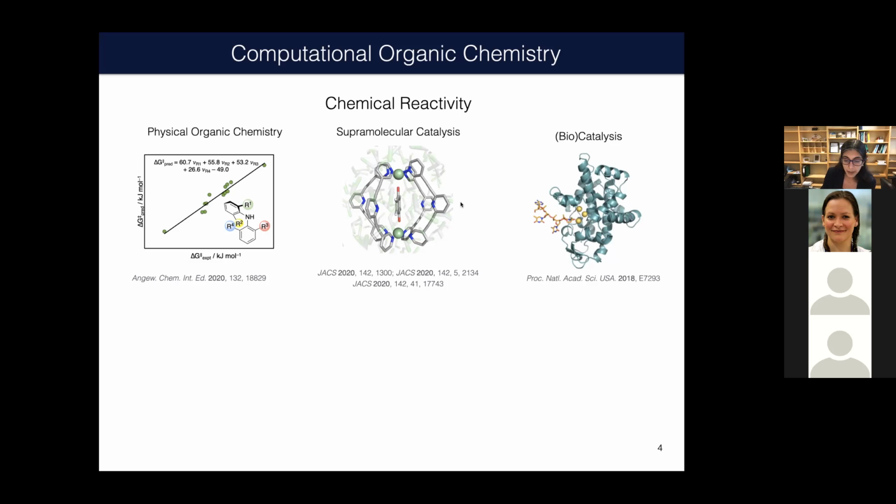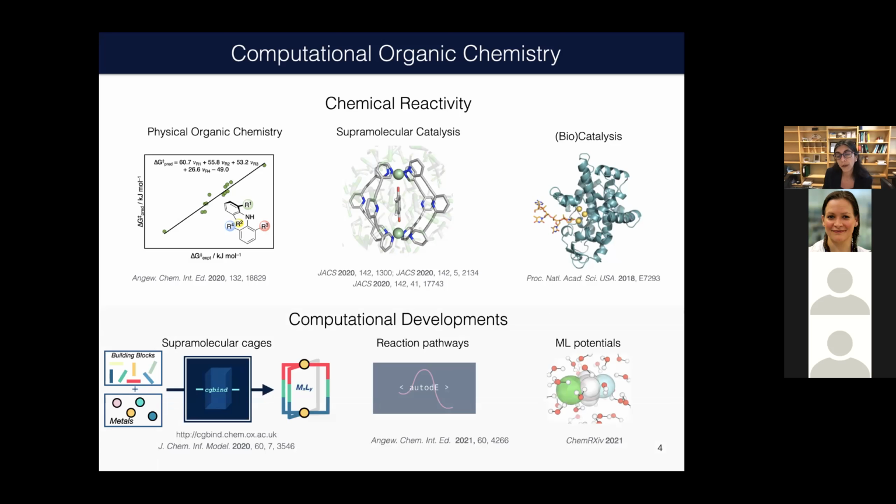So every time that we're exploring the chemistry in solution, we're also looking into how to make that easier, more accessible to others. And an important part of our research more recently has been in computational developments, looking at new approaches to speed up the study made by experimentalists, but also by computational chemists.